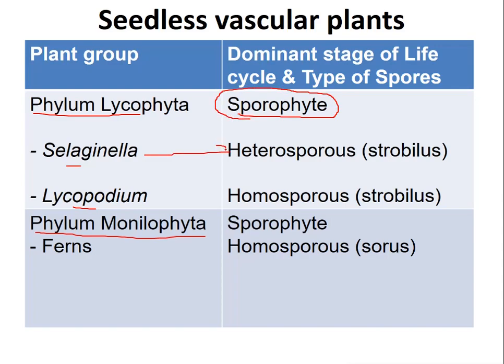Selaginella produces two different types of spores, so we call it heterosporous, and Lycopodium produces one type of spore that we call homosporous. The spores are found in strobilus. As for Phylum Monilophyta, the example is fern, and fern also has sporophyte as the dominant generation of the life cycle, and fern produces one type of spore found in sorus.